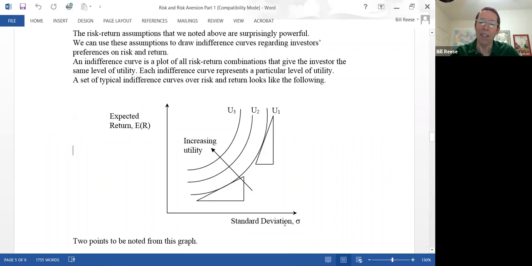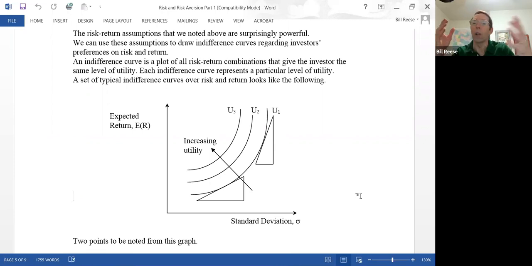And on the x-axis, we're going to be talking about standard deviation. Now, we've already said that we consider all investors to be risk averse, which means they're interested in two things and only two things. They want more expected return and less standard deviation in terms of their investments. I mean, there's other things you want out of life.